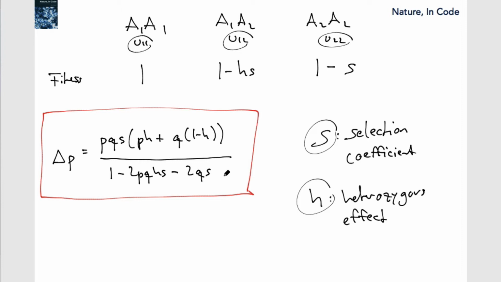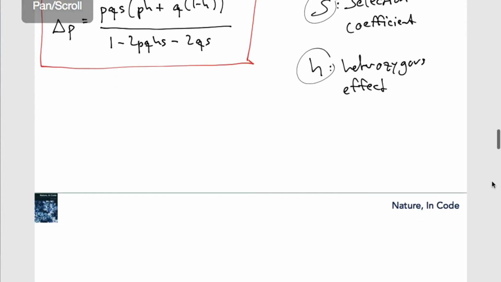That's the change in allele frequency for P given its current frequency, given the frequency of the A2 allele, and given these 2 values here, the selection coefficient and the heterozygous effect. Now, there are 3 interesting cases that we will be looking at in the next 3 videos.